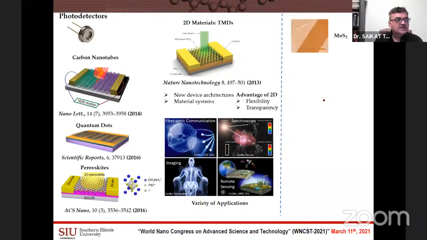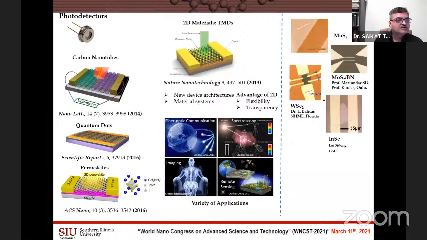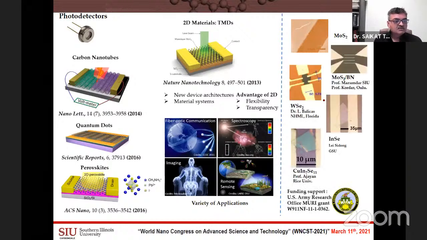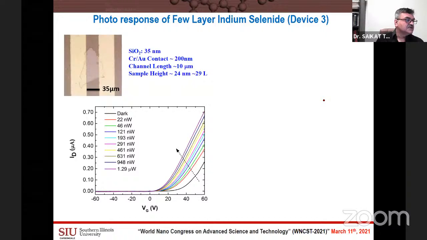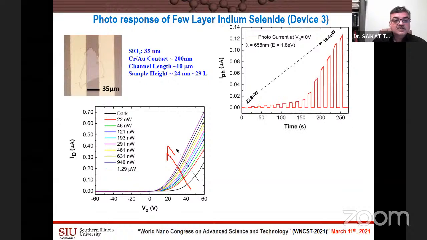So I will quickly summarize. We have worked in collaboration with different materials. We have looked at MoS2. We have looked at heterostructures of MoS2 and boron nitride. We have looked at selenium-based 2D materials and ternary alloys. If you have an indium selenide-based material, you can see that as you push the laser power, the current in a field effect transistor keeps on increasing.